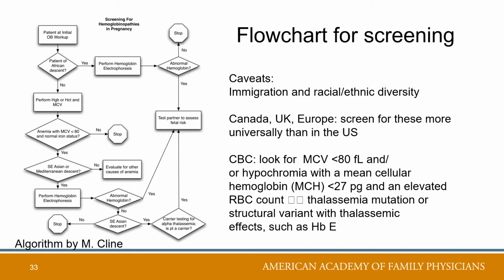You can also look at the CBC where the MCV may be low, or you may see hypochromia in the findings on the red blood cells, an MCH less than 27 with an elevated red blood cell count. And you also may be able to think about some thalassemia mutations or structural variants and the effects of those on your blood counts.